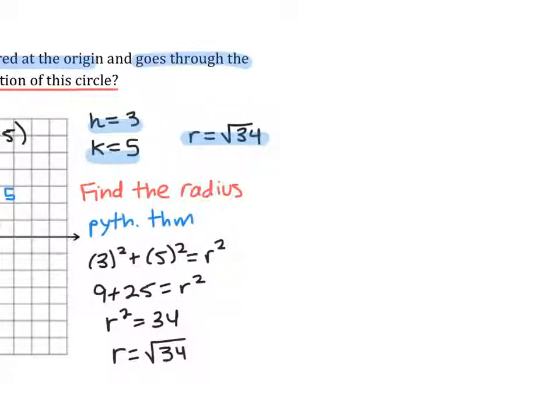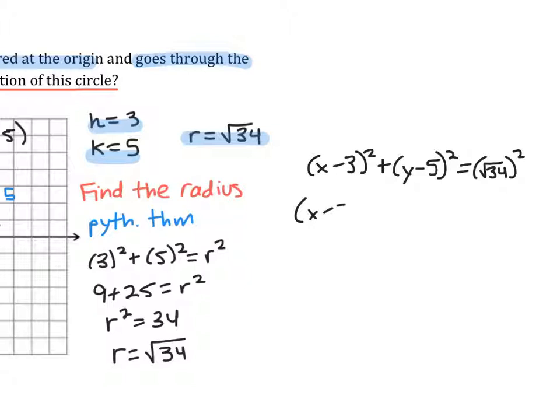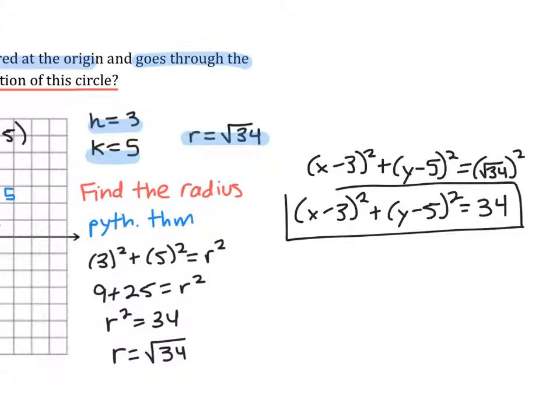So let's do x minus h squared plus y minus k squared equals r squared. And remember, when you square a square root, they cancel each other out, and we're just left with 34. And this is the equation of our circle.